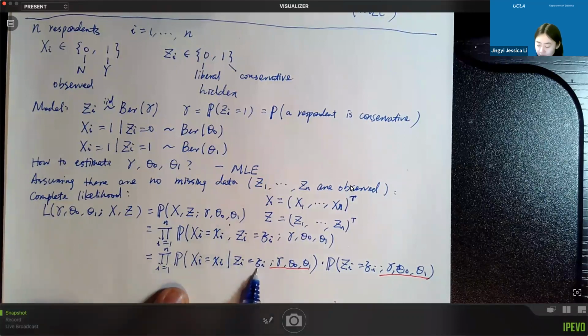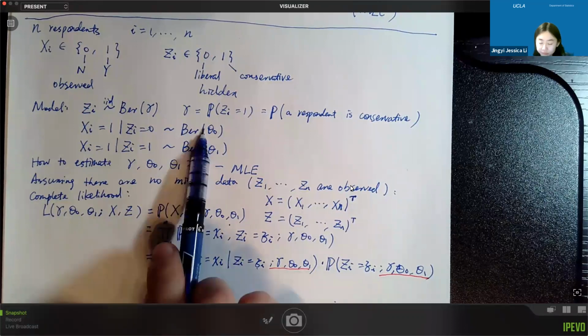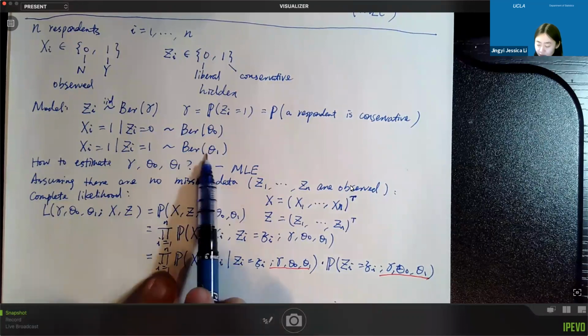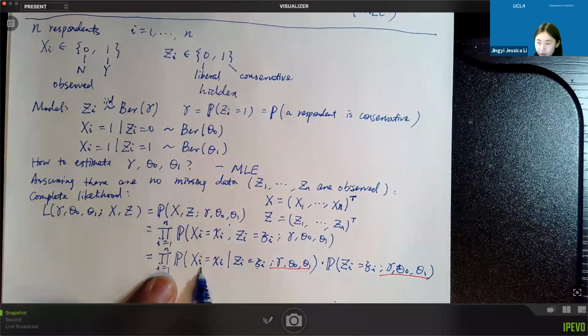If the lowercase zi equals 0, then this xi will follow Bernoulli theta 0, what we have here. Then we're going to write down this probability in terms of Bernoulli depending on the value of small xi. If the small xi is 0, the probability will be 1 minus theta 0.